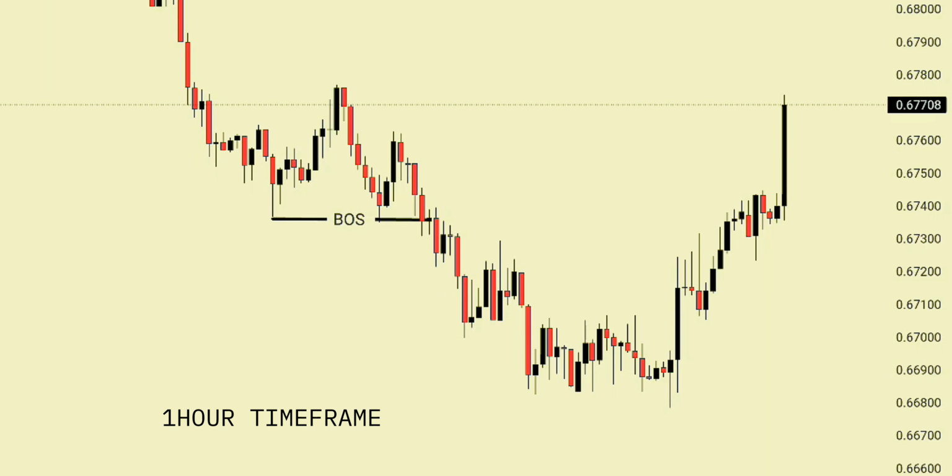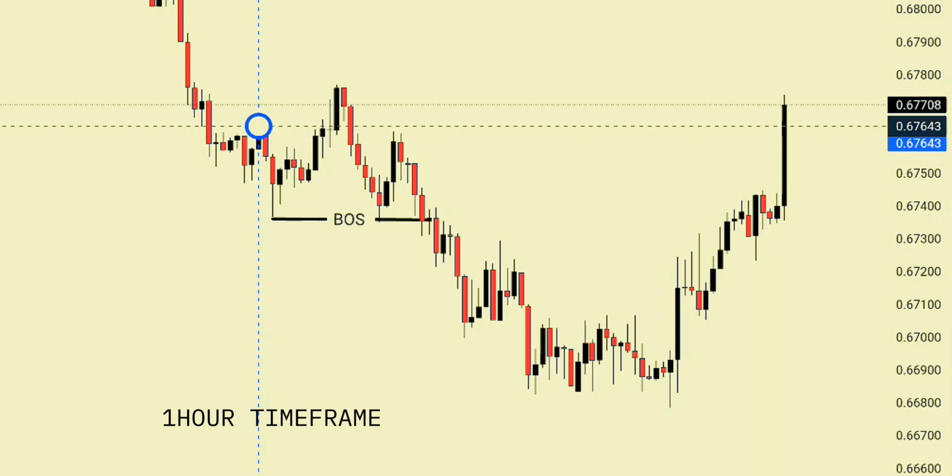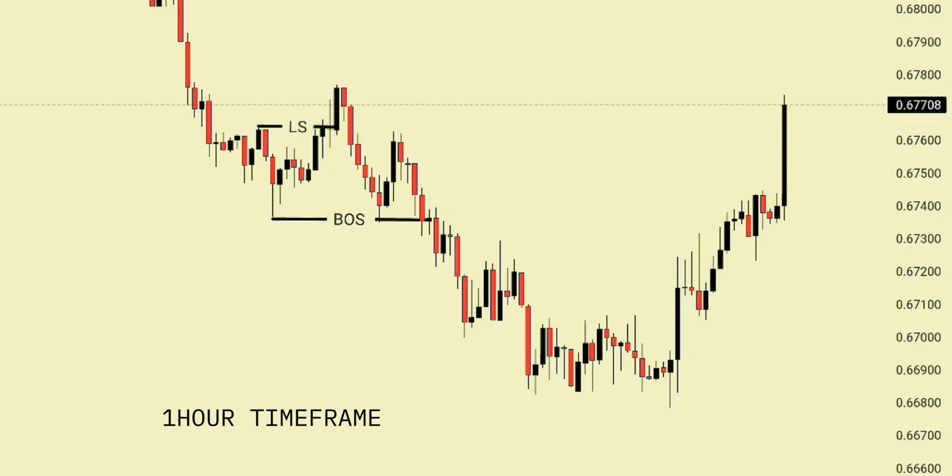After the break of structure, something very interesting happens. Price retraces upward and forms a liquidity sweep. You can see a candle wick that moves above the previous swing high. That wick is extremely important. It shows that the market intentionally grabbed the liquidity resting above that high.